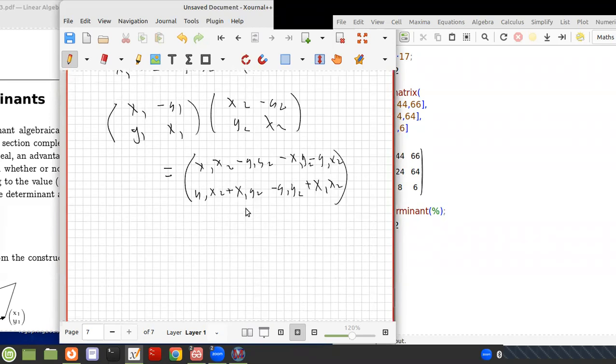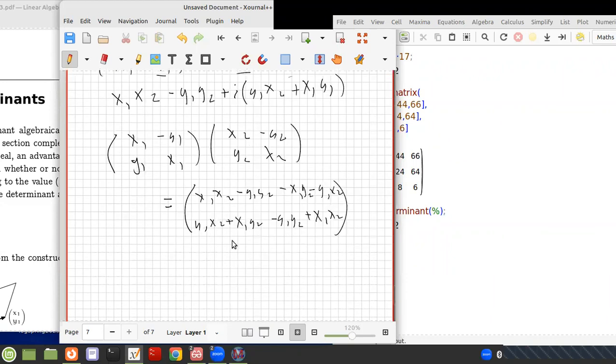So you notice, this is the crucial thing, that when I do this, I get something that's of the same form. This term is identical to this term.